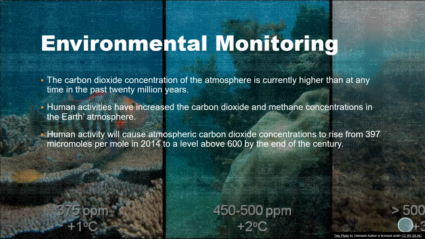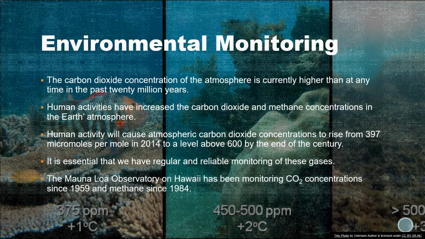Human activity will cause atmospheric carbon dioxide concentrations to rise from 397 micromoles per mole in 2014 to a level above 600 by the end of the century. It is essential that we have regular and reliable monitoring of these gases.